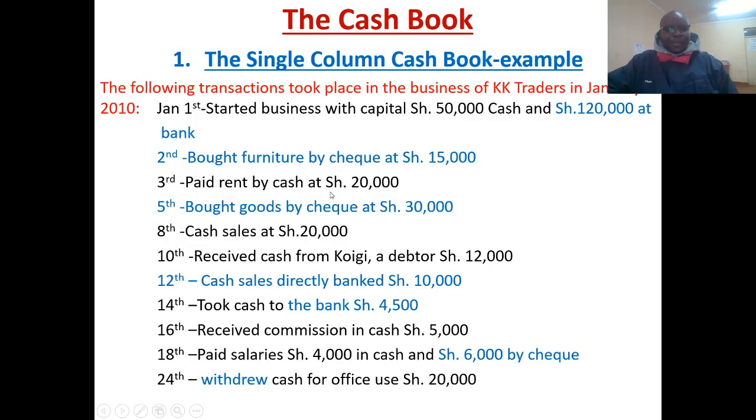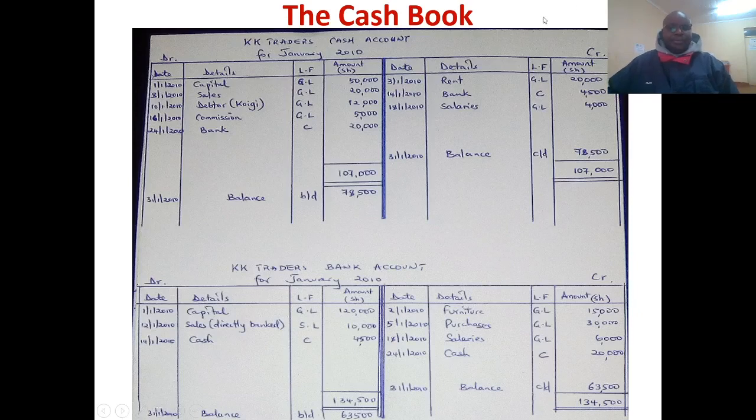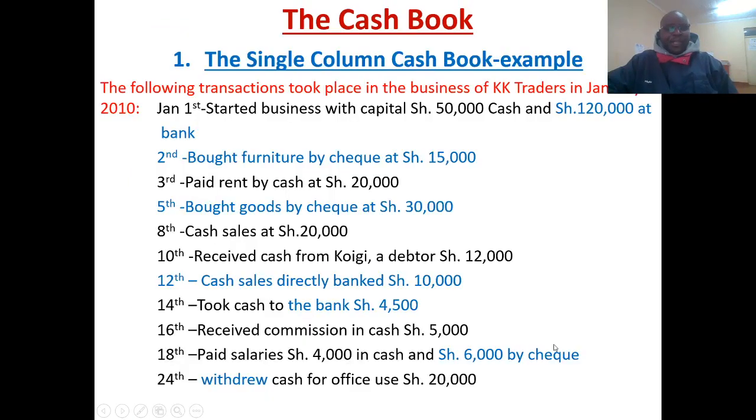On 18th, they paid salaries. First, 4,000 in cash and 6,000 by check. So, salaries by cash paying out 4,000 and by check 6,000. On 24th, they withdrew cash for office use.